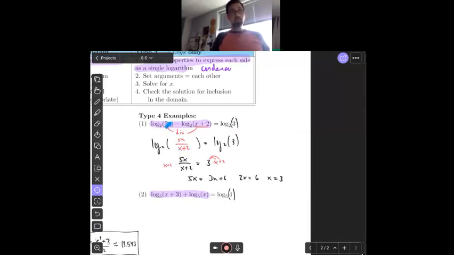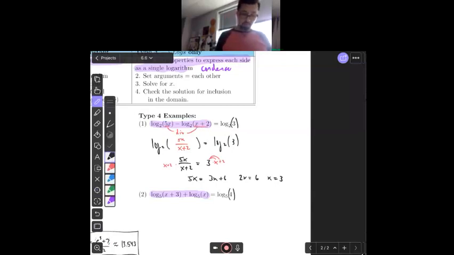So if our x value made these negative or 0, anything equal to or less than 0, we'd be in trouble. Plugging 3 here does not make that 0 or less than 0. Plugging 3 in here does not make that 0 or less than 0. So we're okay.